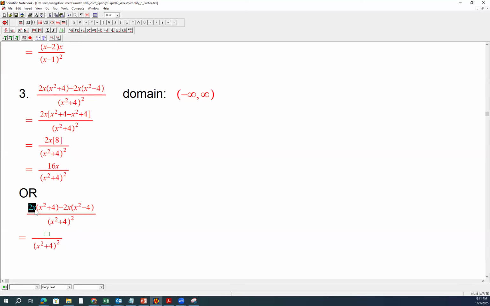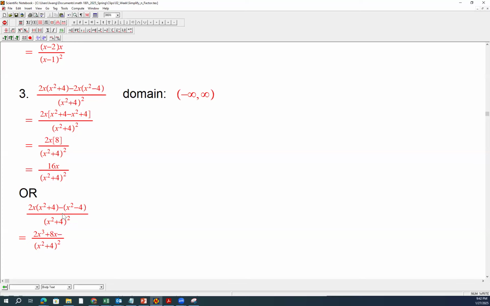In the numerator, you take the 2x and multiply by x squared, you get 2x raised to the power 3. 2x times 8 gives you 8x. Subtracting, you take the negative 2x times x squared, you get a minus 2x raised to the power 3.